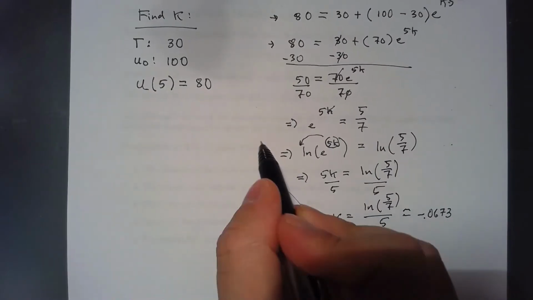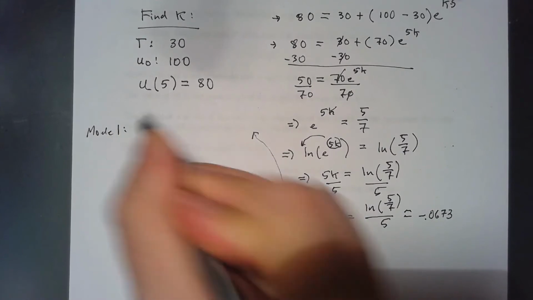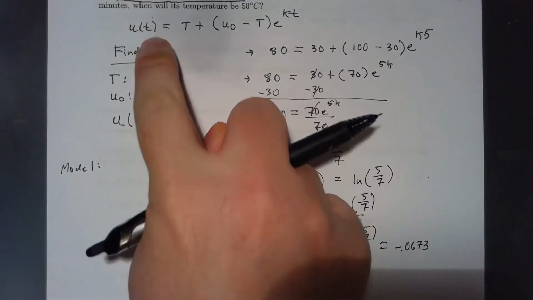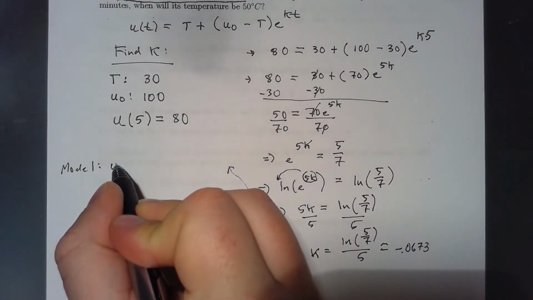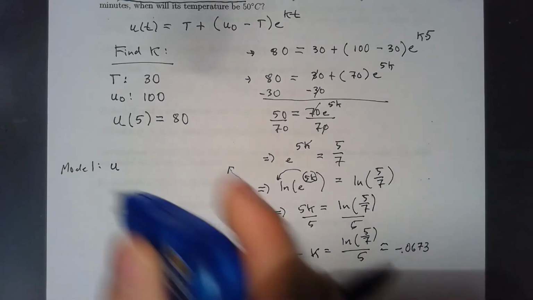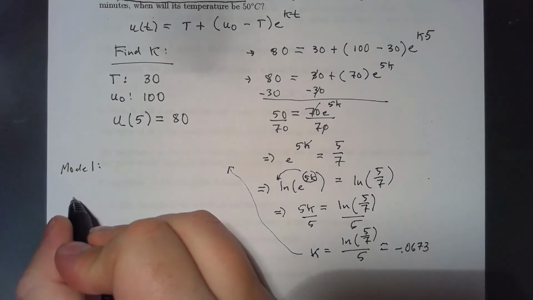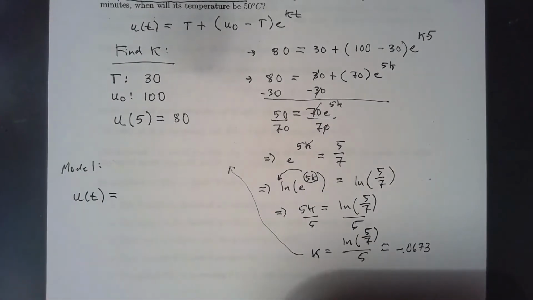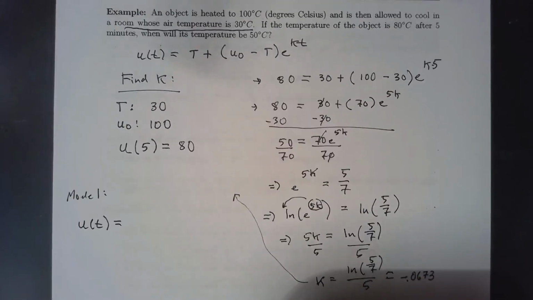So my model is, no, let me write it down here. So my model is U as a function of time. The temperature of the environment is what?